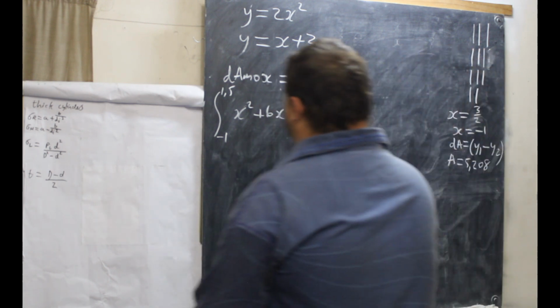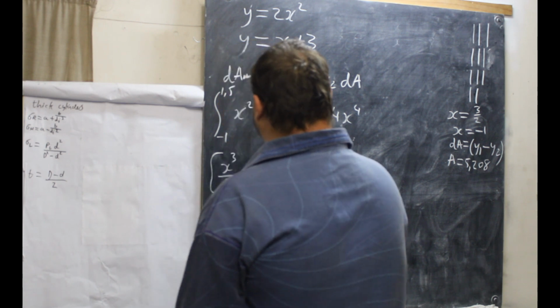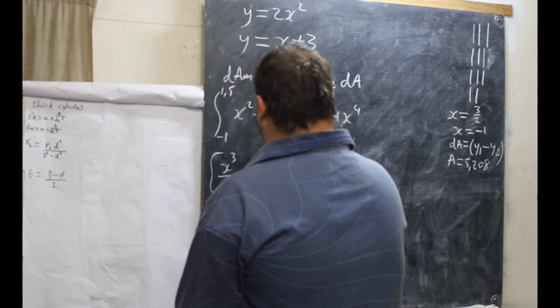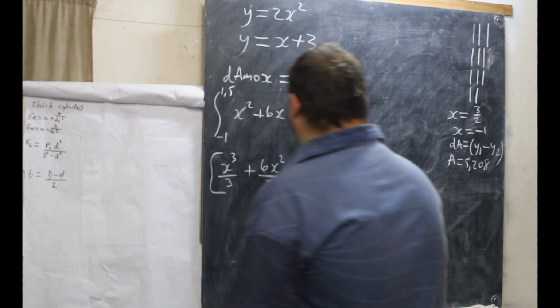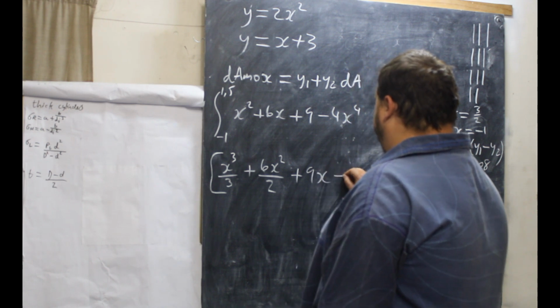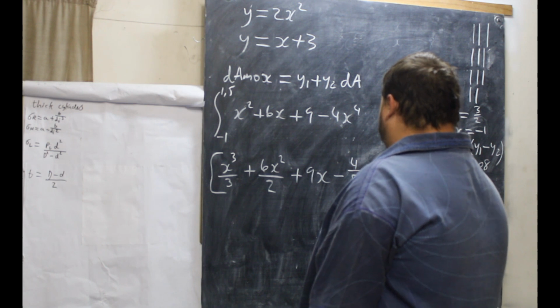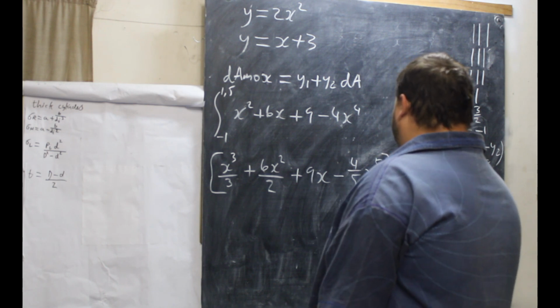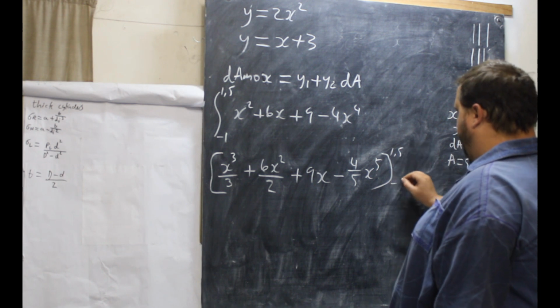Now we integrate. x cubed over 3 plus 6x squared over 2 plus 9x minus 4 over 5 x to the 5th, in a bracket 1.5 and minus 1.